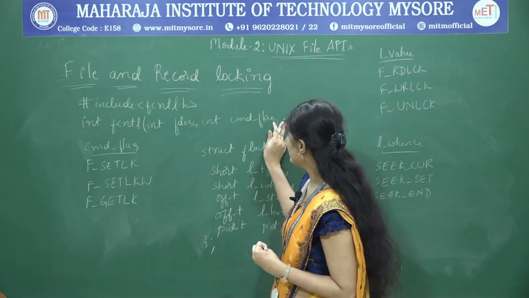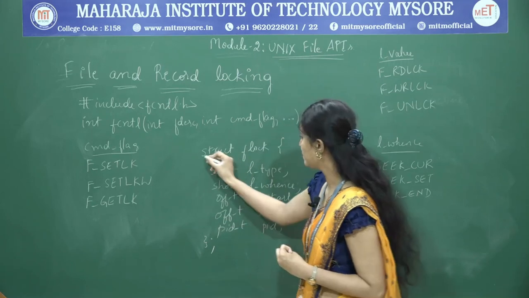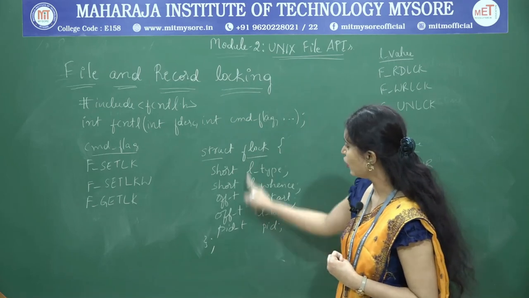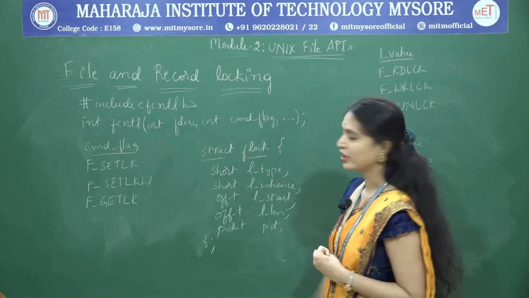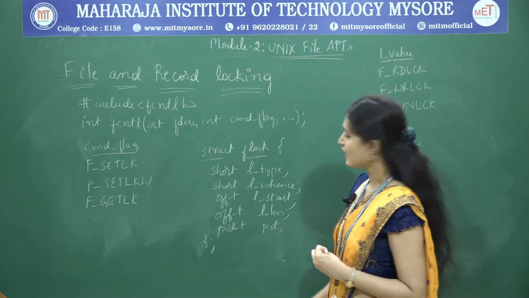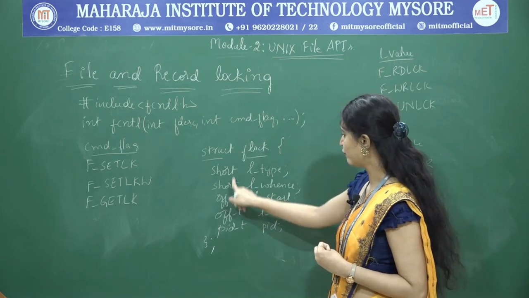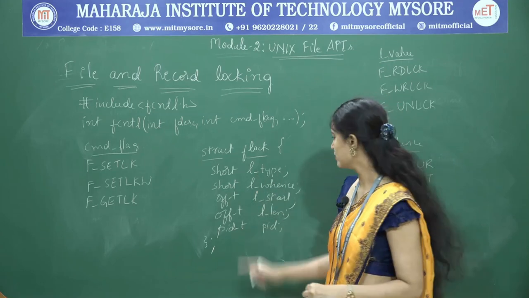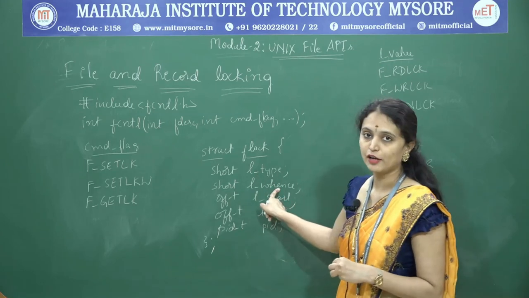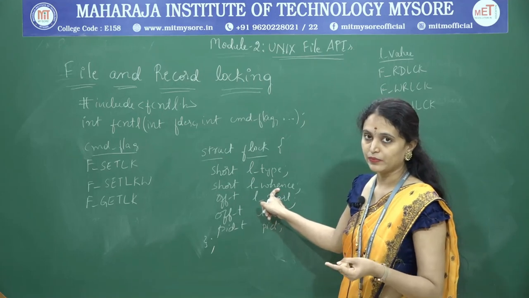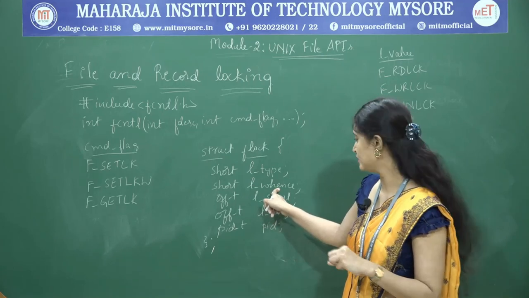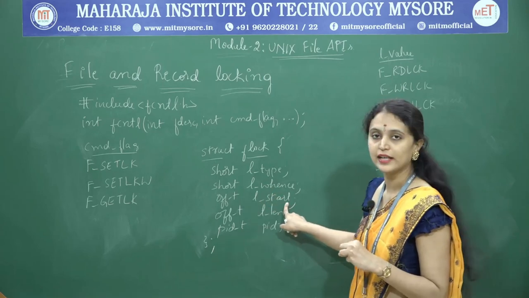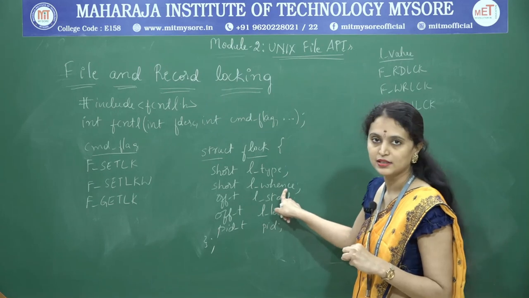The third argument is a variable of type struct flock. These are the members of this struct flock. The members are, of type short, l_type, which decides the type of the lock; l_whence, which is a reference for the next field; and then l_start, an offset that has to be added to this l_whence.